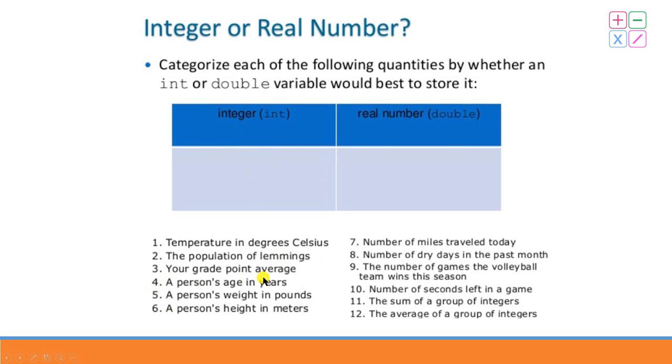Your grade point average should be a real number. A person's age in years should be an integer. So you can try out these different questions and figure out whether these different types of numbers belong to integer or real number. And then you should be able to know whether you should declare the number as an integer or double value.